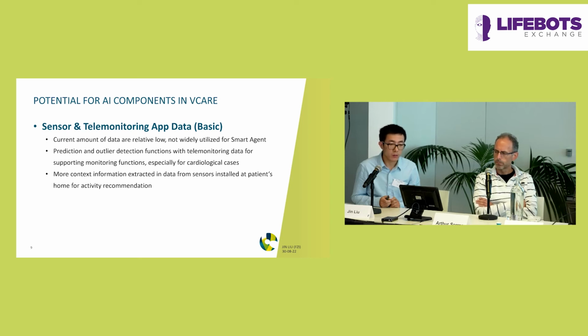Also the data quality may not be so high, so we need to include, for example, anomaly detection functions to detect abnormal data points in the telemetry app or in the sensor data. I think we also need to extract more context information from the sensors installed at the patient's home. This is the basic one.